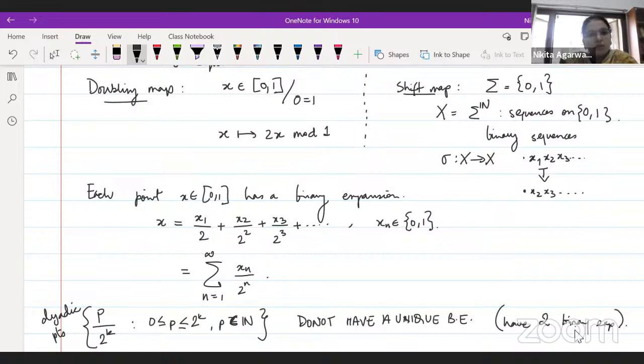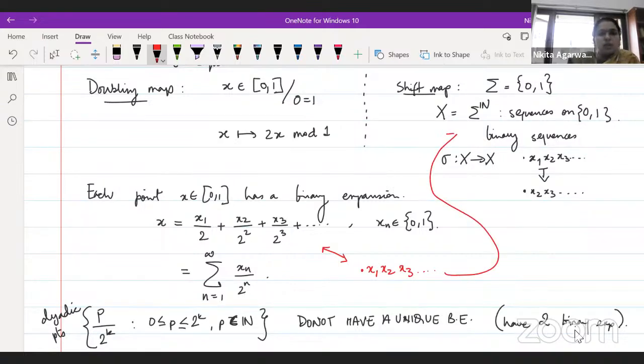So now the question is, why am I talking about binary expansion? Because I want to use this binary expansion to connect doubling map and shift map that I have described just now. If you look at this binary expansion, in the sense of sequence, let me connect to this point the sequence x1, x2, x3, and so on, and this goes in this space.